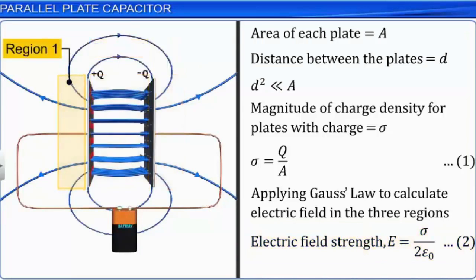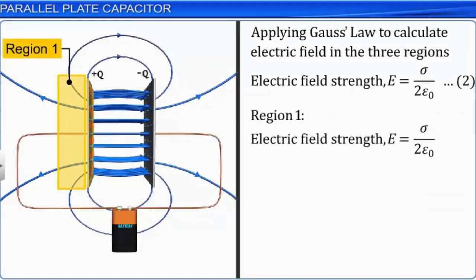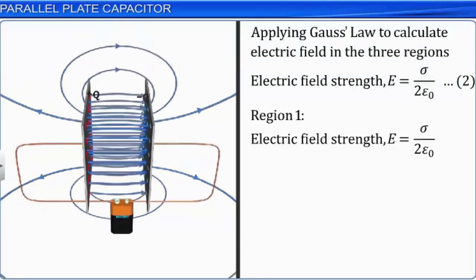In region 1, due to the positive plate of the capacitor, the electric field strength E is equal to sigma by 2 epsilon naught, directed away from the positive plate and towards the left.